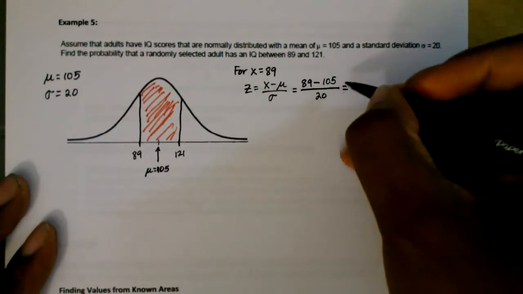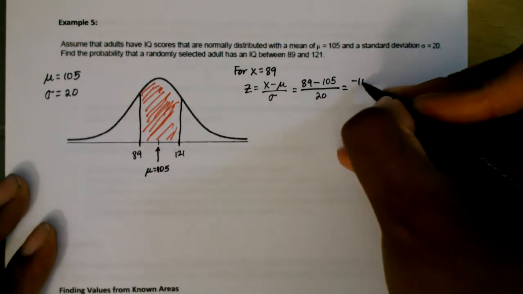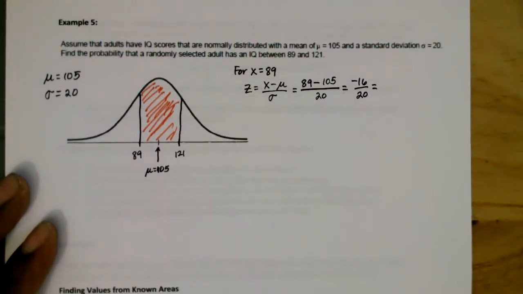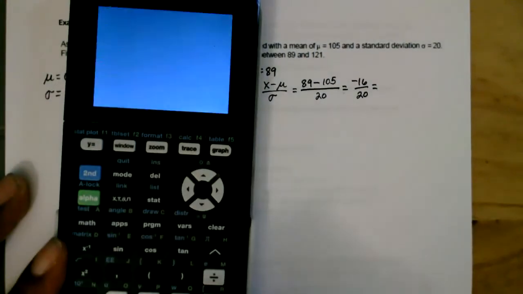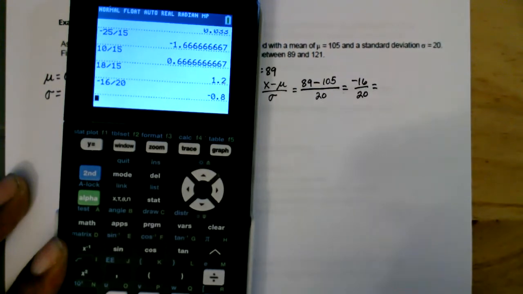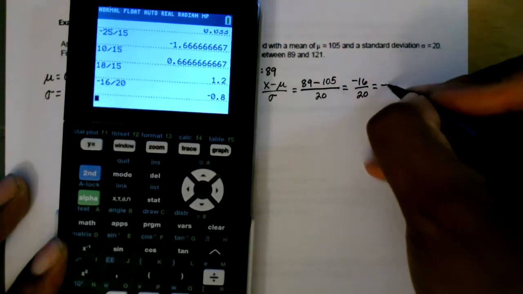So 89 minus 105 is going to be negative 16. Negative 16 divided by 20, and I'll carry this out to 2 decimal places, gives us negative 0.80.